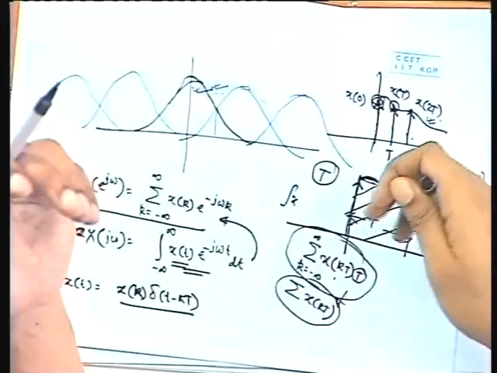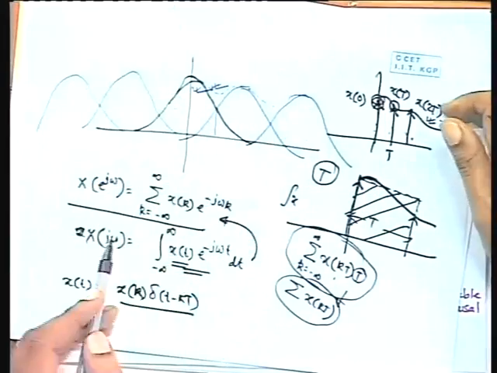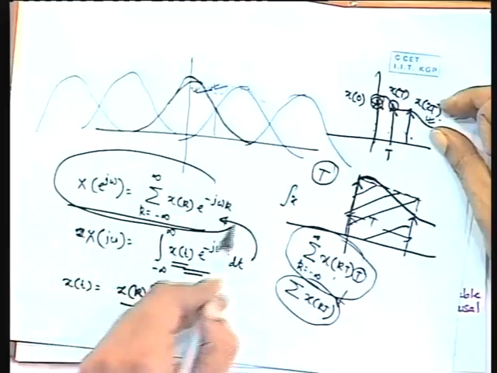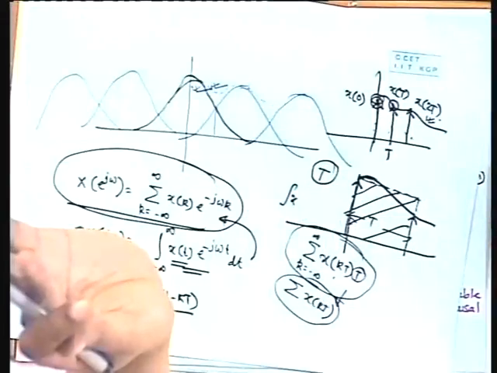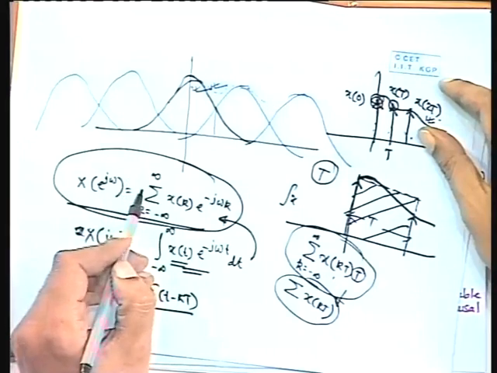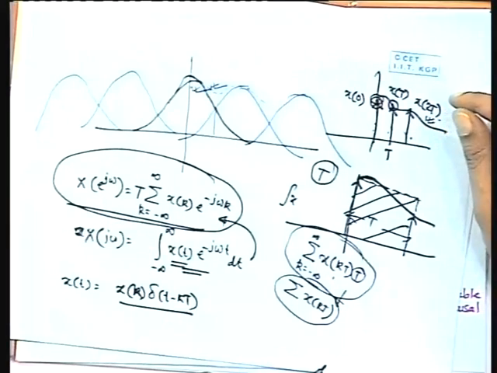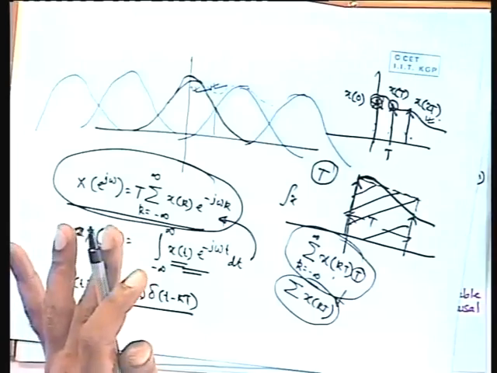That is why some people, though this is the most commonly found definition of the DFT, remember that the area under the curve will not match. You have already made an area amplification by a factor of T. That is why some people say that it is better to put a T here, though this is not the usual definition.